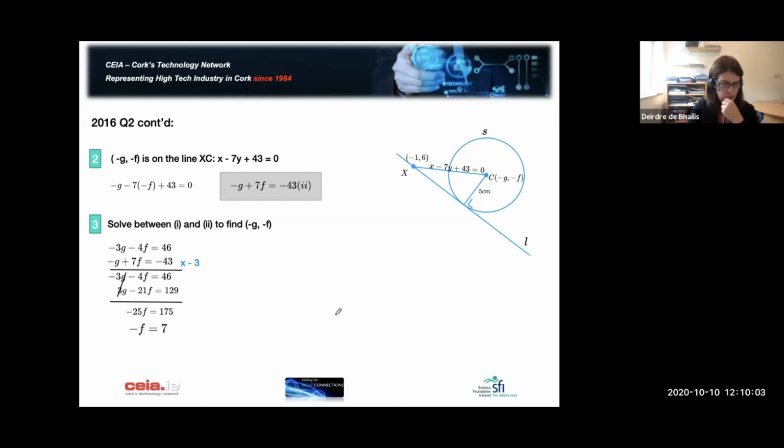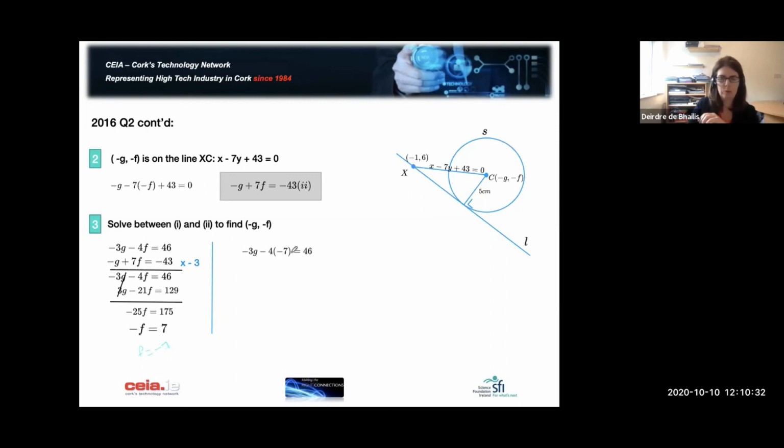Minus f is equal to 7. I'm simply going to leave it at that because I'm looking for the center of the circle, and I know it's minus f that I'm looking for, so I don't need to go as far as solving for f. Actually, I suppose I do need to put f into one of those equations. If minus f is equal to 7, then f is equal to minus 7.